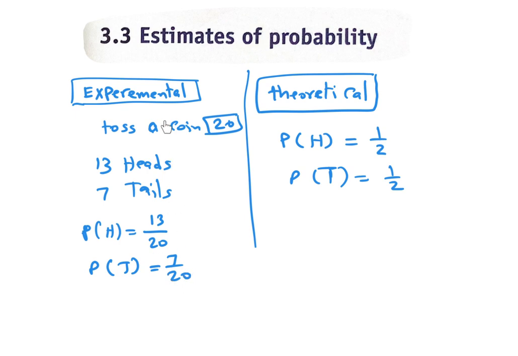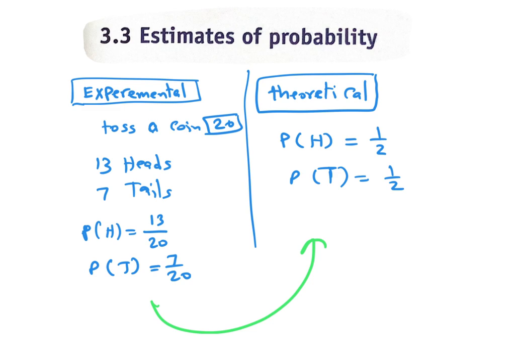If you toss a coin about 1,000 times, the probability of head will be closer to 1 over 2. If you toss the coin 1 million times, the probability of head will be very close to 1 over 2. So if you have enough number of trials, the experimental one will be closer to the theoretical one.